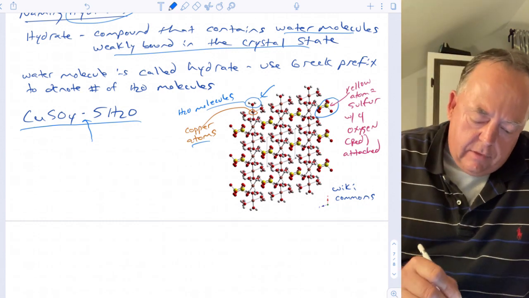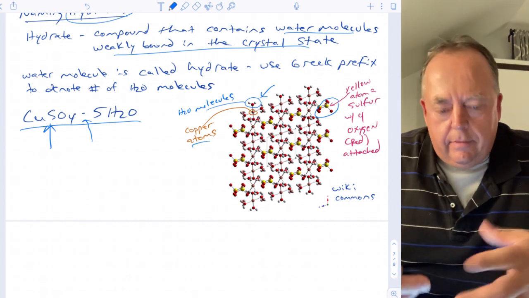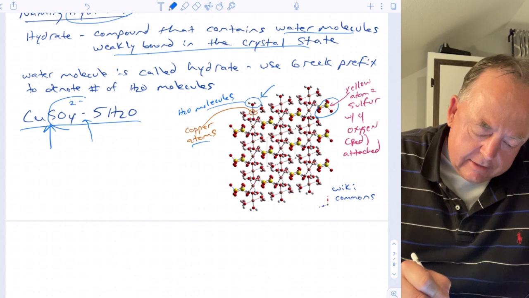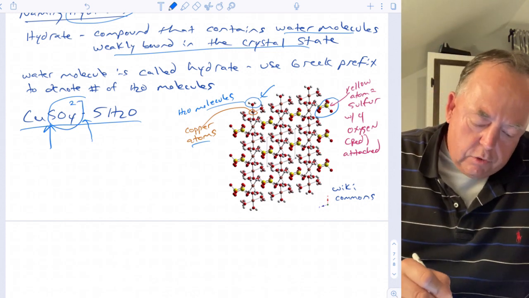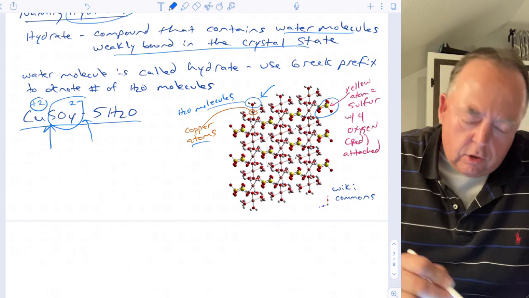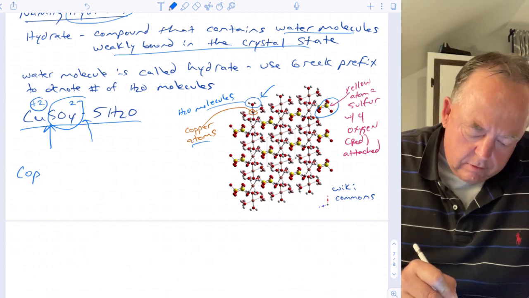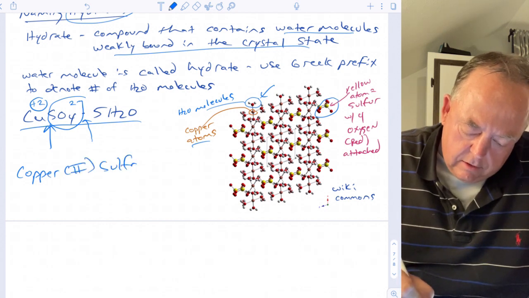But if you wanted to name these, you just name this as normal, that's a metal with a polyatomic ion. For the polyatomic ion, you'd have to recognize that as SO4, which has a 2 negative charge. You have to know that it's 2 negative because that's how you figure out the charge on the metal. The metal is +2. So this would be copper(II) sulfate.